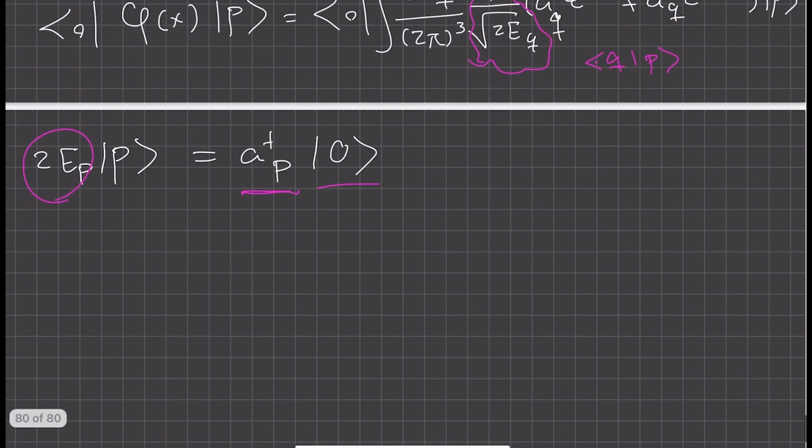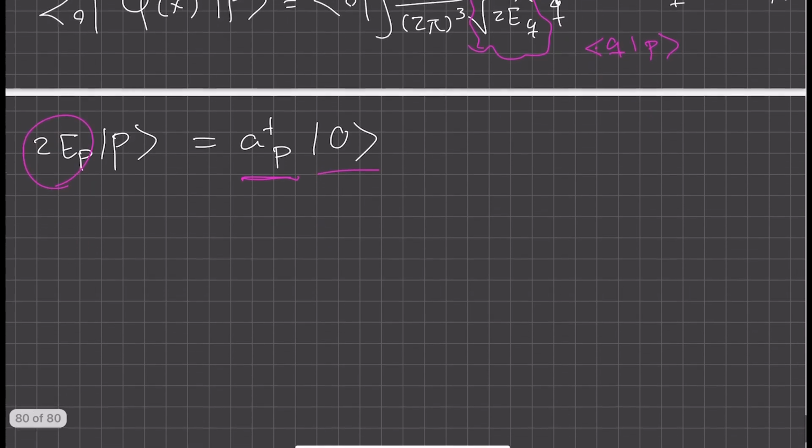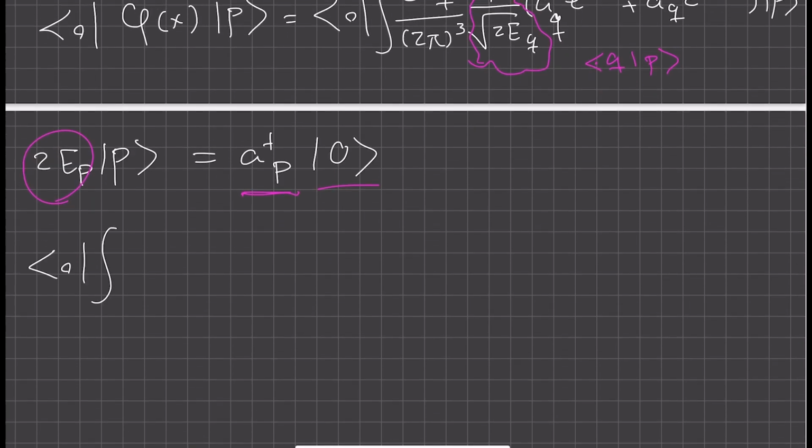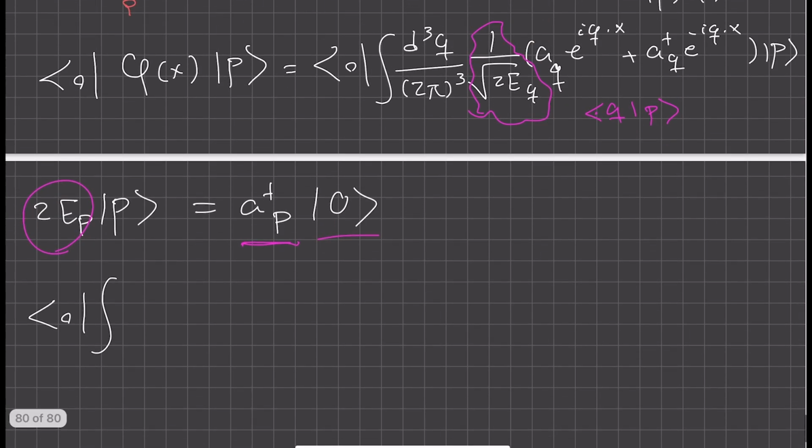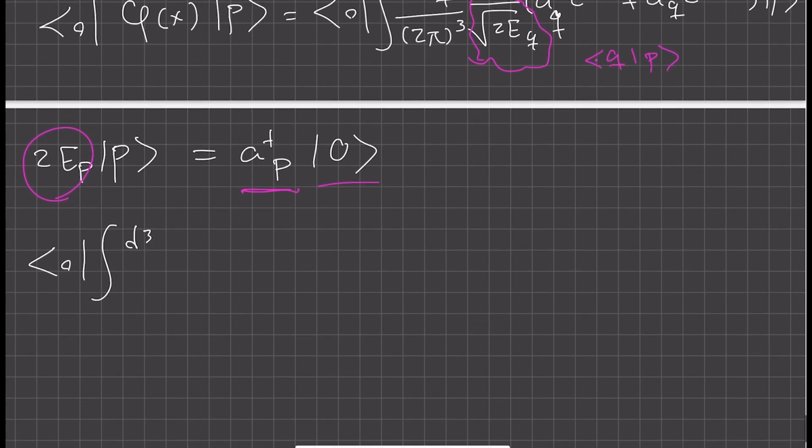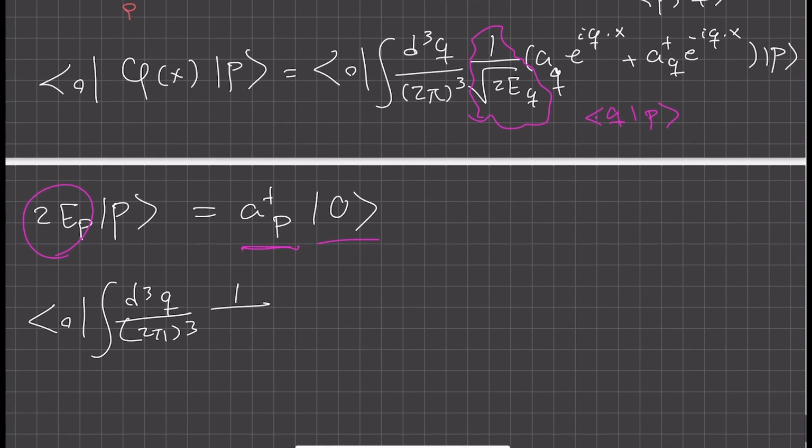So now if I define this already normalized relationship between the a dagger acting on a vacuum, giving us some proportionality with the energy, now I can have this state vacuum acting on. So the first term here, let me write it down, d^3q over 2 pi cubed. Now I have this energy 2E_q term. So I have a_q e^{iq·x} plus a dagger q e^{-iq·x}.